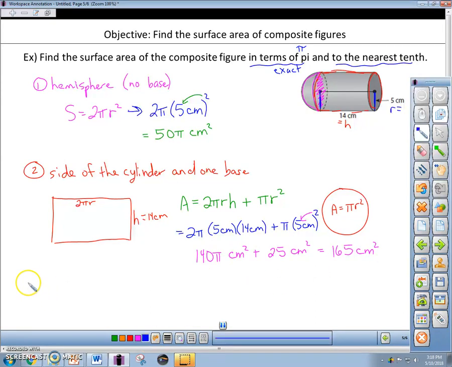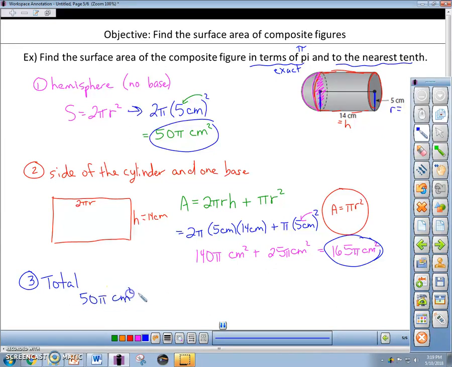So now what we're going to do is find the total of all those outside surface areas. So we have our 50 pi and our 165 pi centimeters squared.